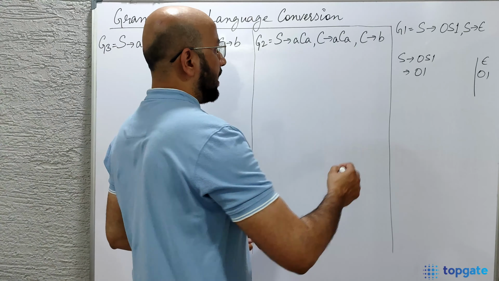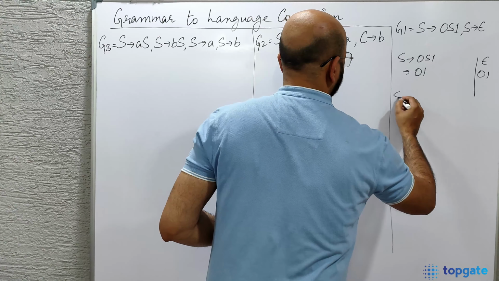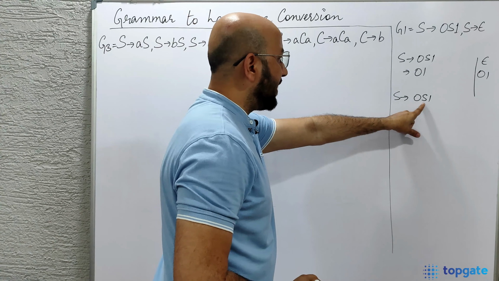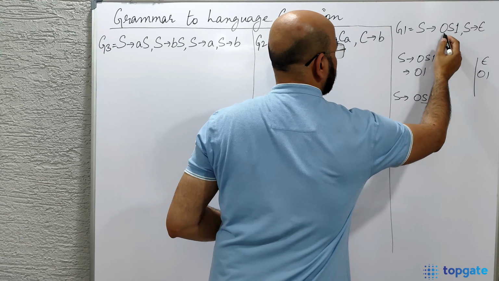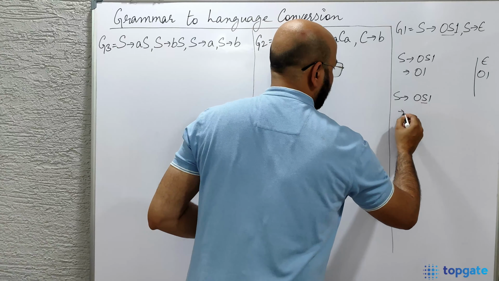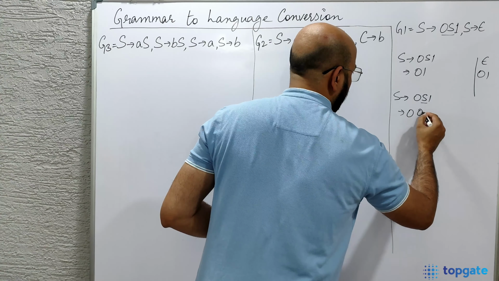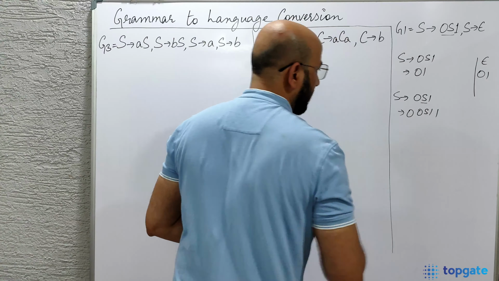Again, I can use the rule S tends to 0S1. Now in place of this S, I can put the rule again, so I'll get 0S1 followed by 1.